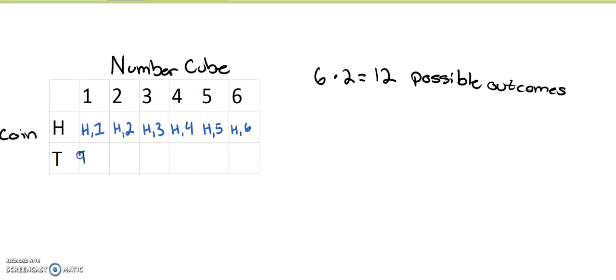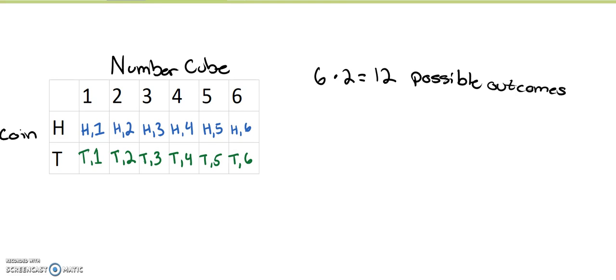I could also land on tails and roll a 1, land on tails and roll a 2, tails and a 3, tails and a 4, tails and a 5, or finally land on tails and roll a 6. So again, just as we expected, there are 12 possible outcomes here.